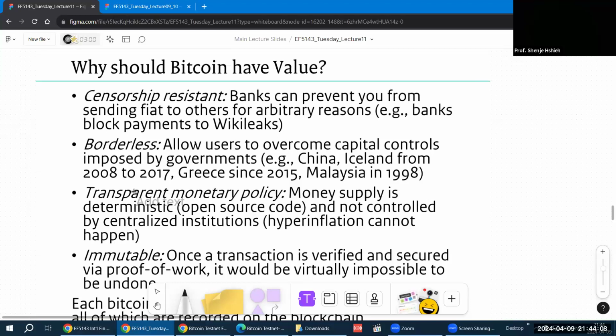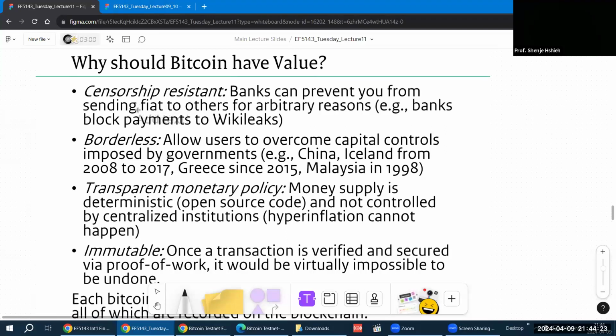So imagine if you're a Russian oligarch trying to move money out. Obviously, Bitcoin cryptocurrency is probably the way to go. They would probably freeze all your accounts if you're not in line with Putin's politics, in which case you're in big trouble. So in that sense, Bitcoin is great because nobody can censor you.